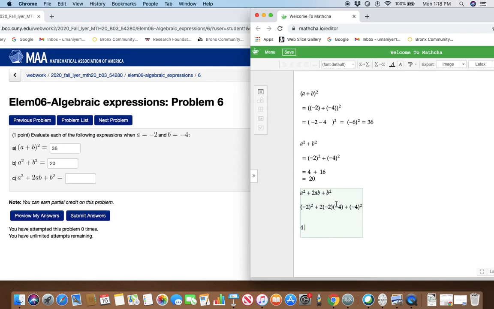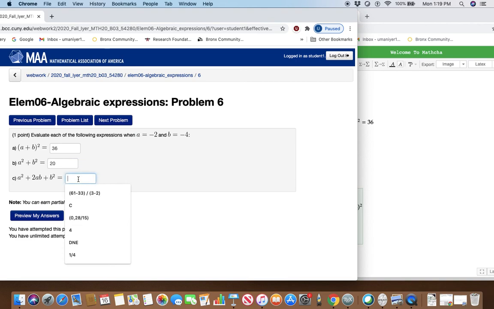Negative times negative is a positive, plus 2 times 2 is 4. 4 times 4 is 16, plus negative squared is positive. 4 squared is 16. So 4 plus 16 is 20. 20 plus 16 is 36. Okay. A plus b quantity squared is a squared plus 2ab plus b squared.